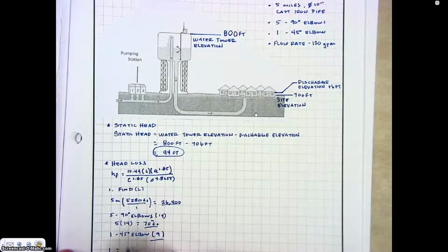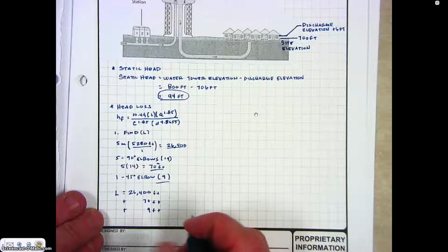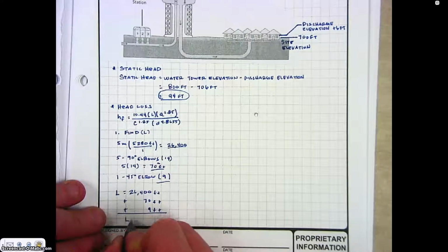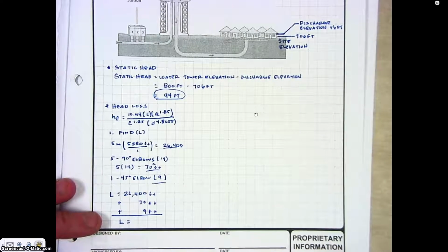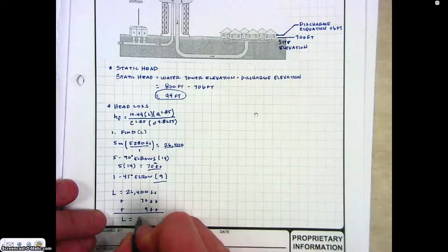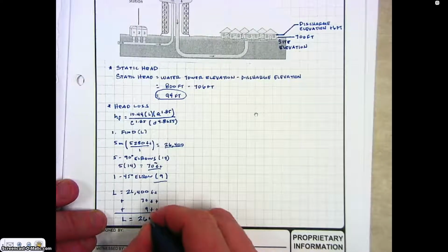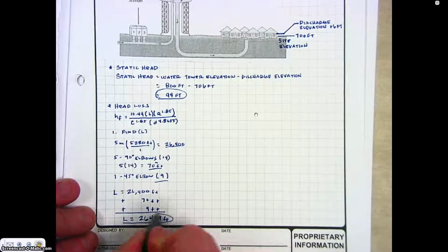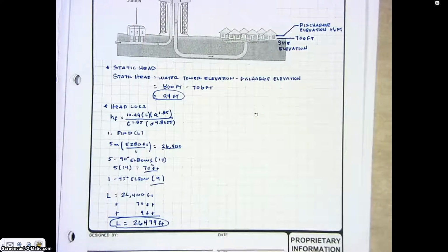L is equal to 26,400 plus 70 feet plus 9 feet. We add those up and we get our L. So 26,400 plus 70 plus 9 equals 26,479 feet.